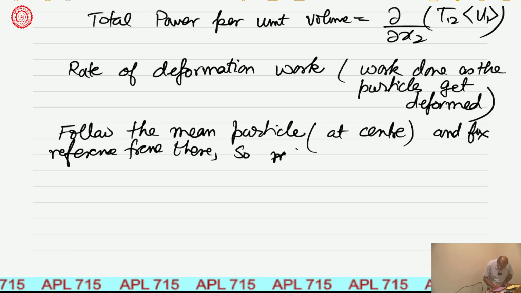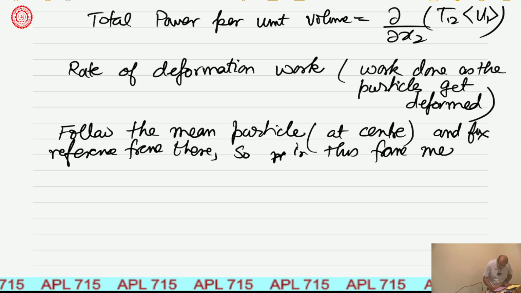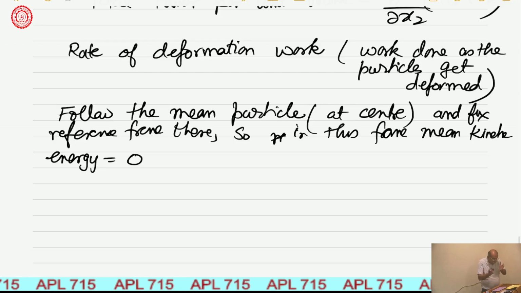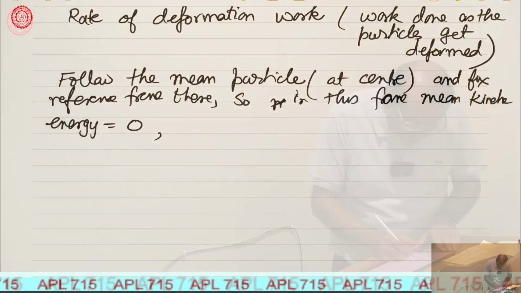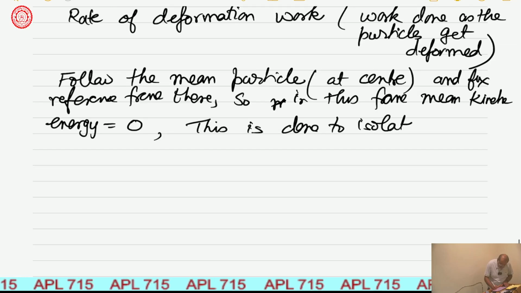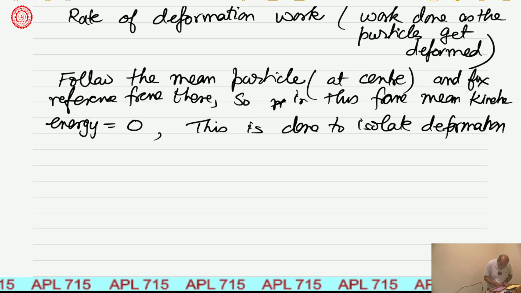So in this frame, mean kinetic energy will be equal to 0 because we are moving with the mean velocity. And this is done to isolate the deformation work.